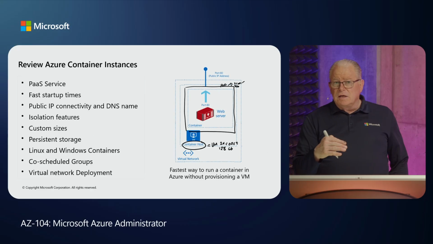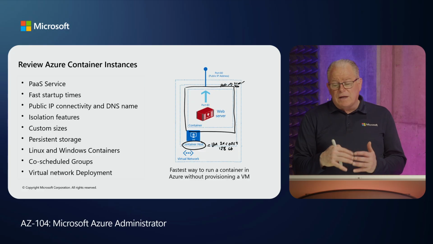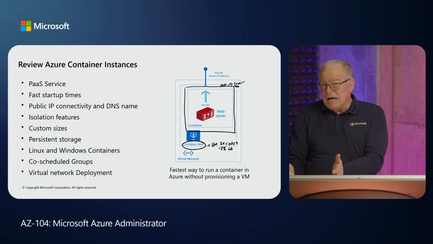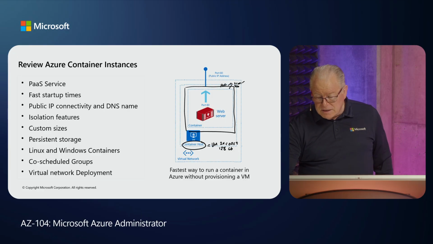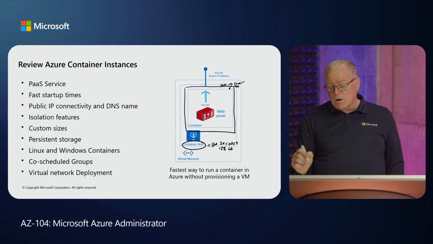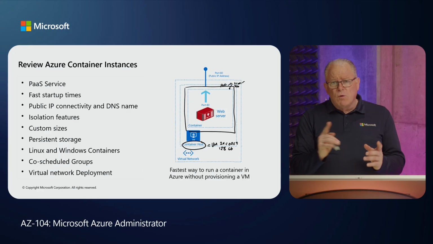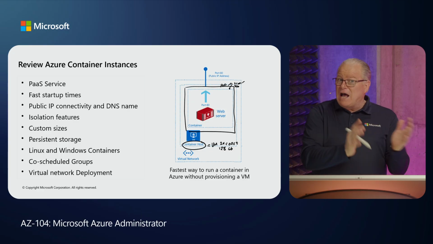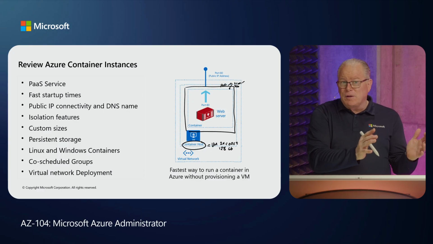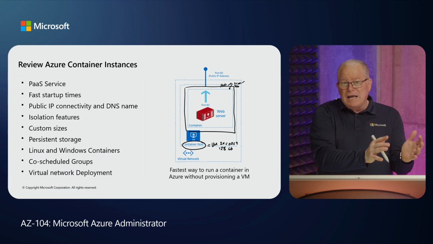Now, if you'd taken the previous module where we talked about app service plans, this is kind of like an app service plan, the pod. And the pod then contains one or more containers. Now, the vast majority of pods have one container in them, kind of like the vast majority of app service plans have one app service in the app service plan.